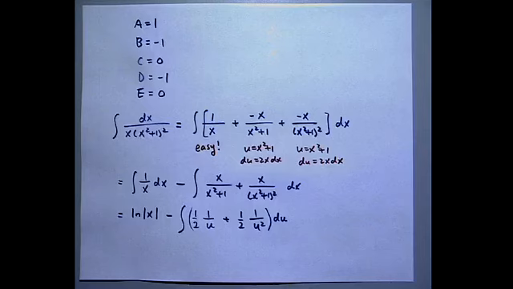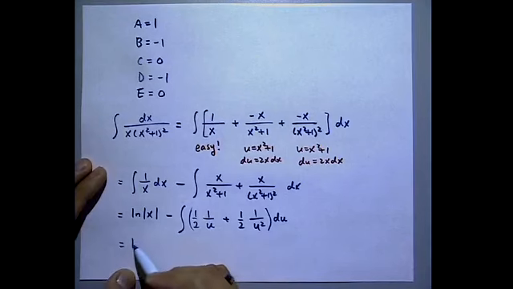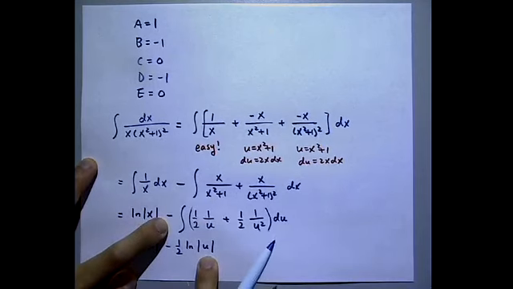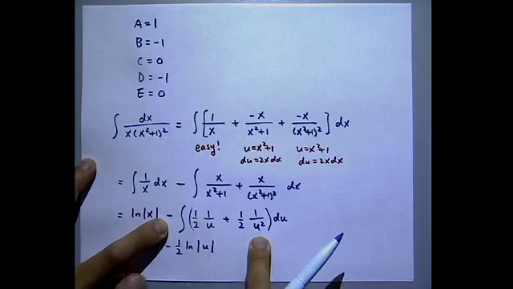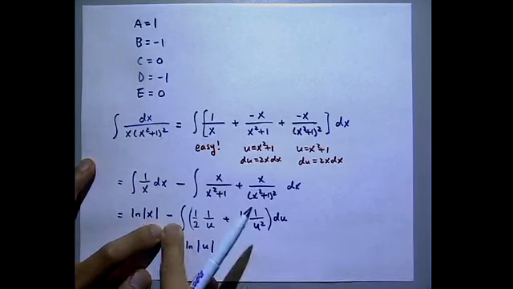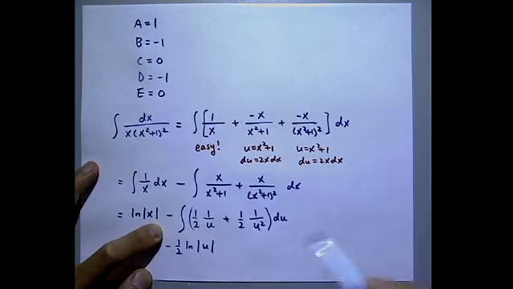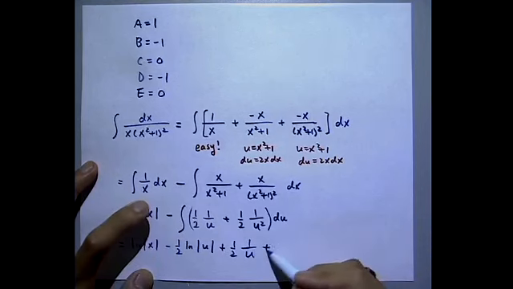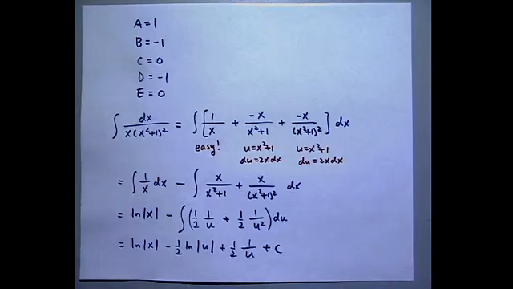And of course, you can take out a 1/2 right away, or just go ahead and integrate. Here we go. We have 1/2 natural log of u. And this, when you integrate that, you get negative 1 over 2 over u. Together with a minus in the front, gives you a positive 1/2 1 over u plus some constant.